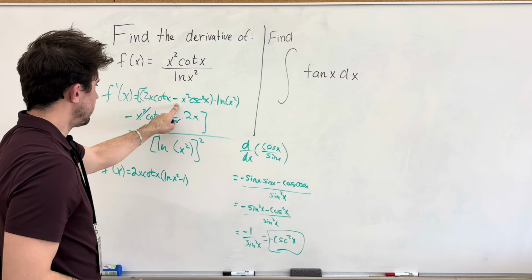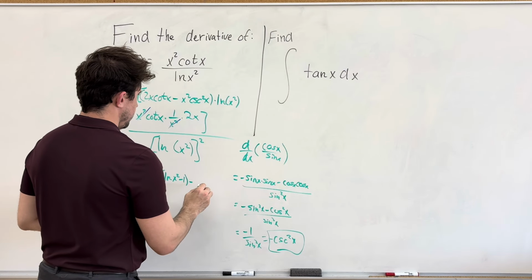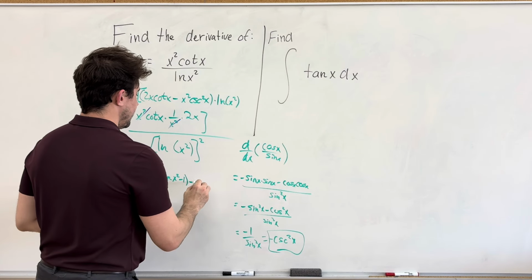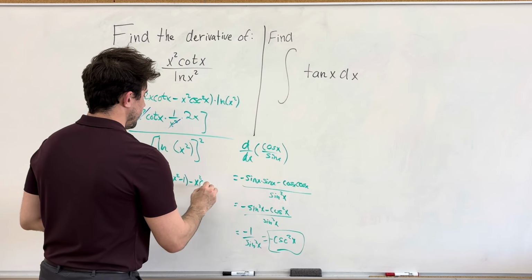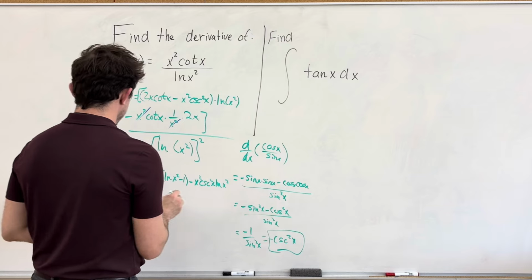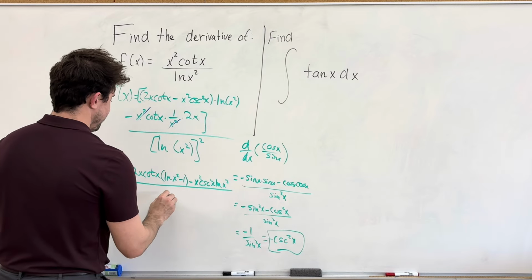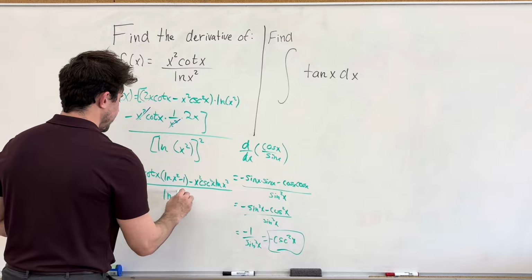And then we still need this part, so minus x squared cosecant squared x ln of x squared, all over the ln of x squared, squared.